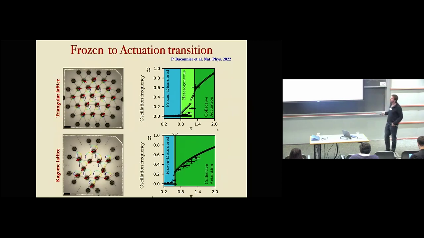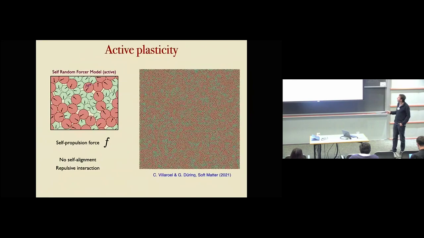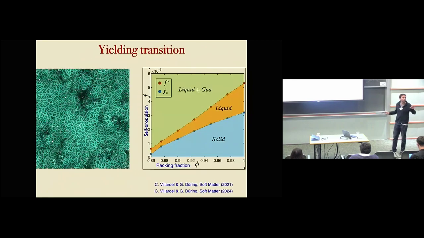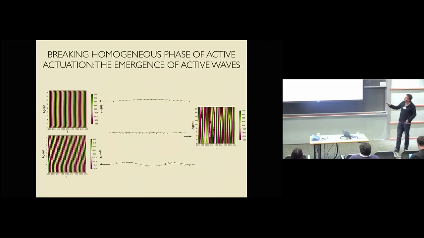Then it's a bit more complicated. So the answer, in general, is no. We are working on this right now. This is a one-dimensional case, a very simple case. Here you are in the region where everything oscillates in a synchronous way. If you continue increasing, that phase is broken and you start having some active waves. There are probably some nonlinear waves.